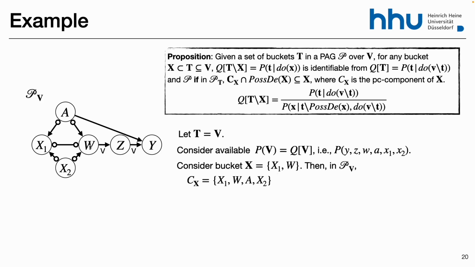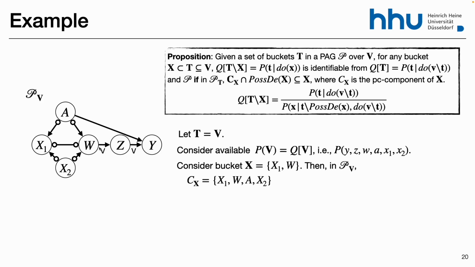So if we go to x1 here, who is part of the possible c component of x? So A is part of it, because it's connected by a path that could be a bidirected path. W is also part of the c component of x1, and x2 is also part of the c component of x1.